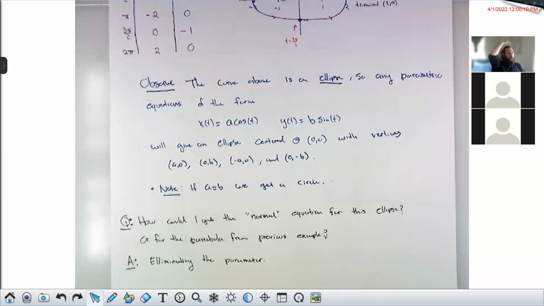So I'm going to do it for the parabola first, because I think it's a little bit simpler. And then we'll do it for the ellipse here.